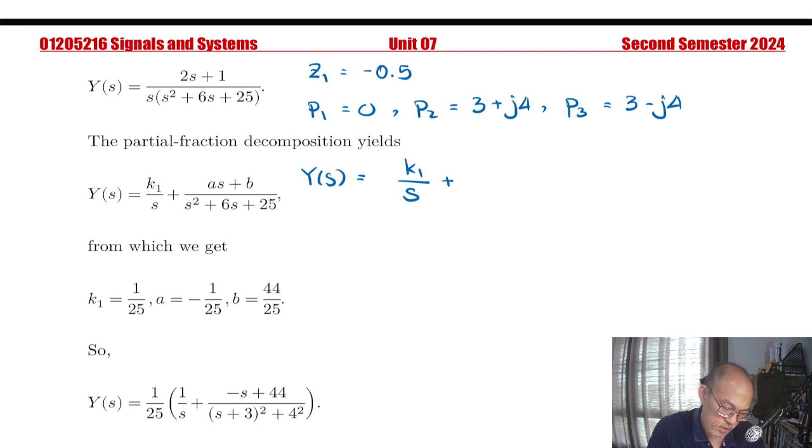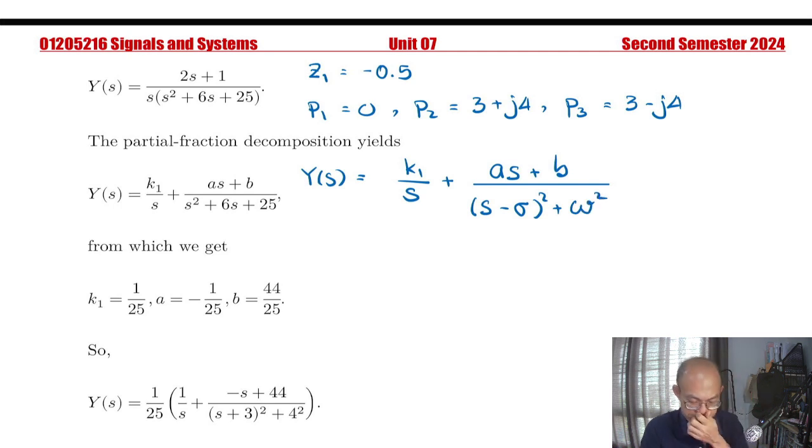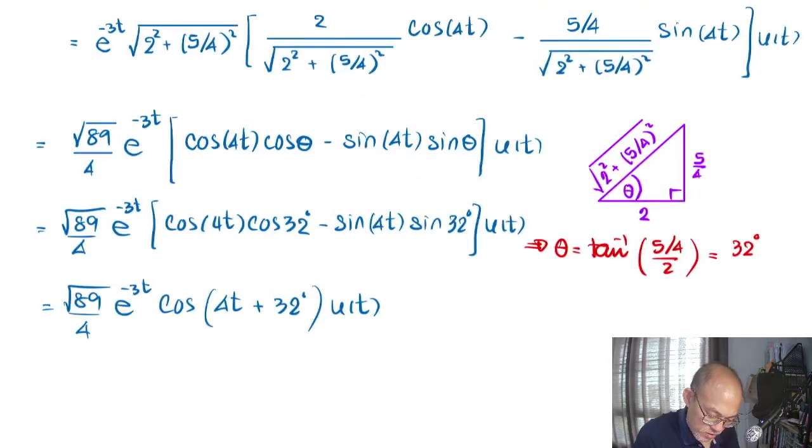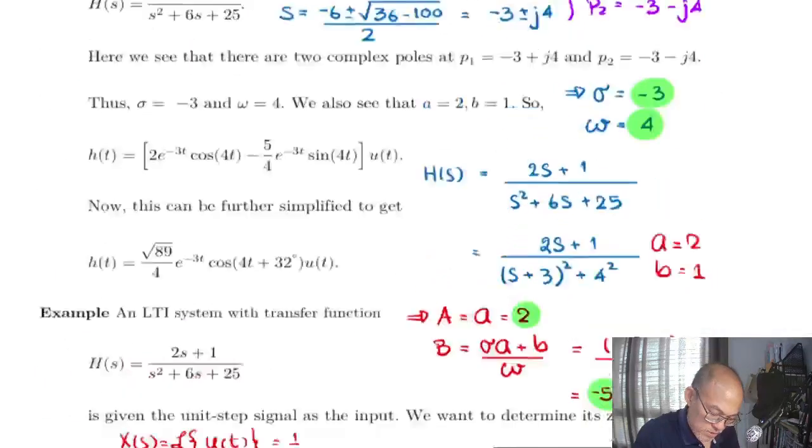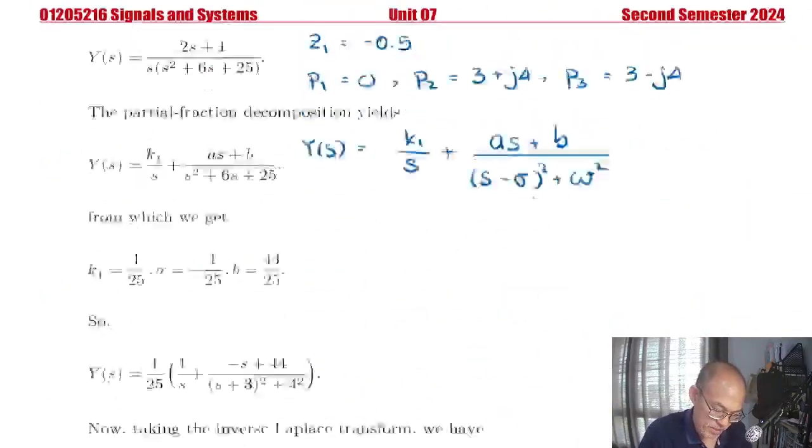Now, as for the complex poles, I have As plus B divided by (s minus sigma) squared plus omega squared. Now, sigma is minus 3.